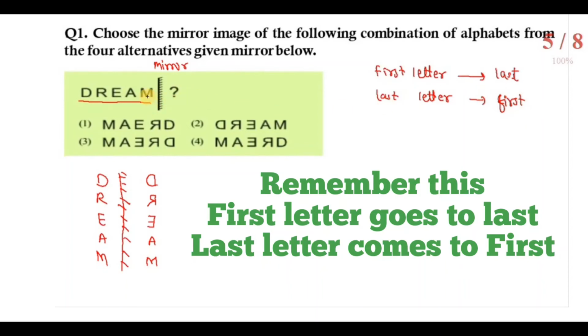So here in the reflection we get M as it is, then A as it is, then E reflected, then R, and then D. Among these options, you have to check which is correct. M, A, E, R and D. So option 3 is correct.